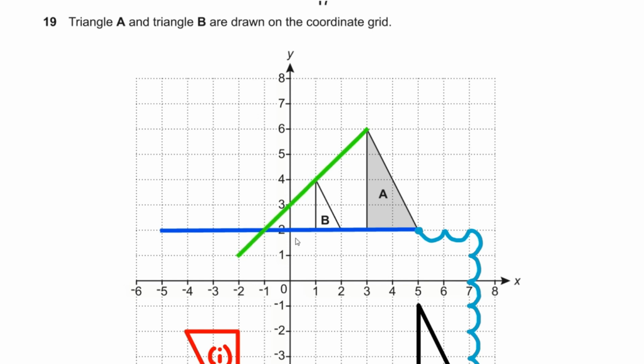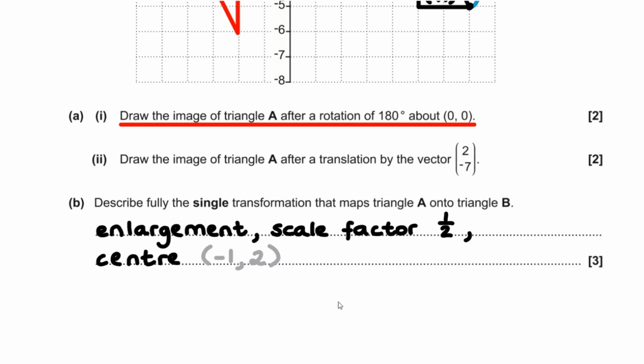And what we can then see is we have a center of enlargement here at (-1, 2). We can see that this length is 4, this length is 2, so we are essentially dividing the size by 2. We have an enlargement, scale factor 1/2, center (-1, 2).